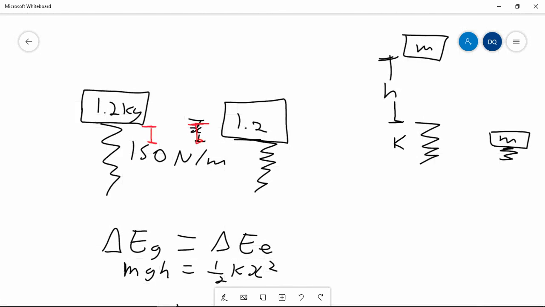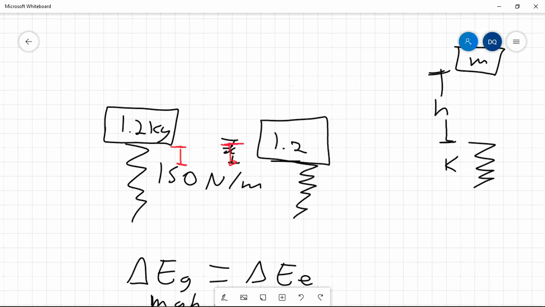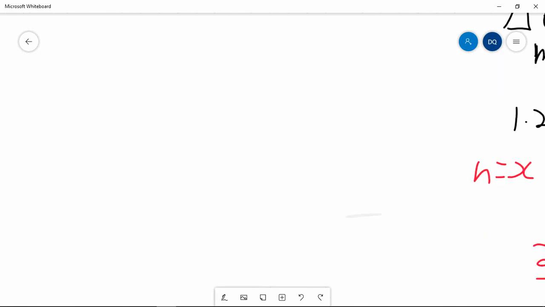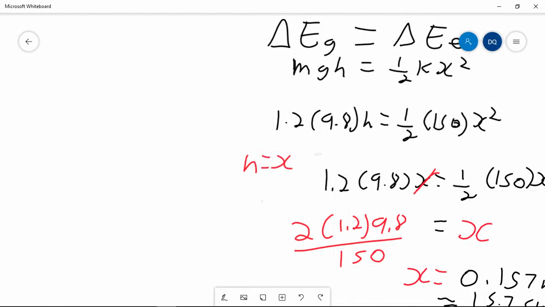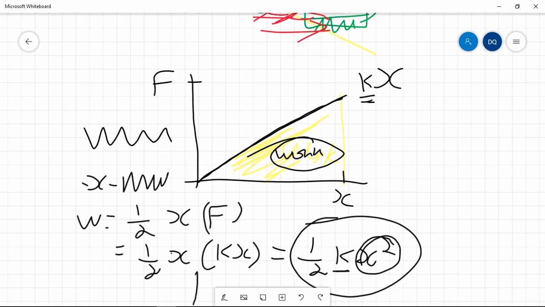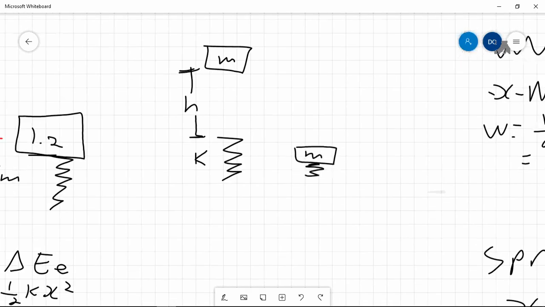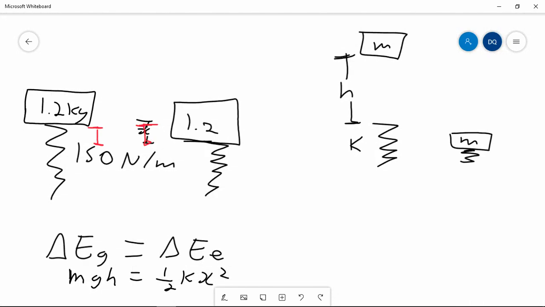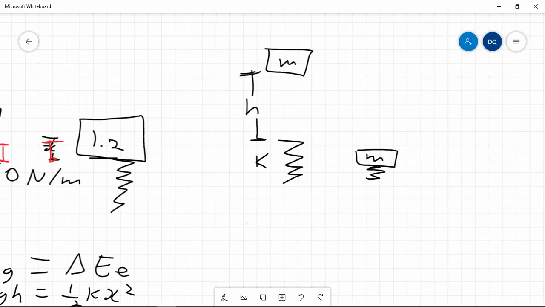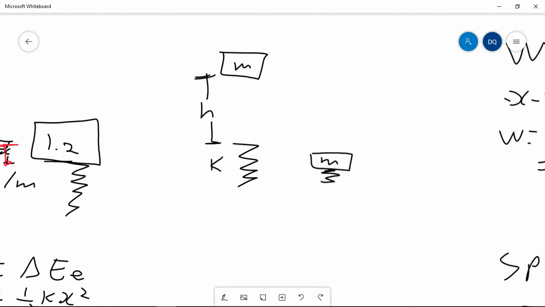We had this case here where we gently set the block on the spring and it compressed a certain amount. Now, what if instead of just setting the block on the spring, you were to lift it up and drop it on the spring? You know it's going to compress that spring even more.